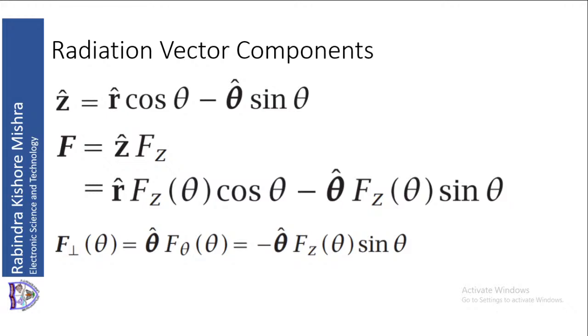So there are two components, one radial and the other perpendicular. We can decompose vector F into the radial component Fr and the perpendicular component F perpendicular.